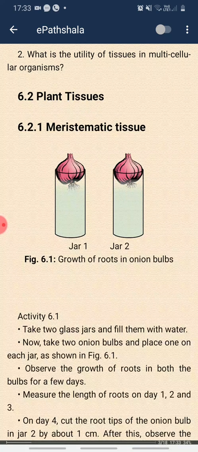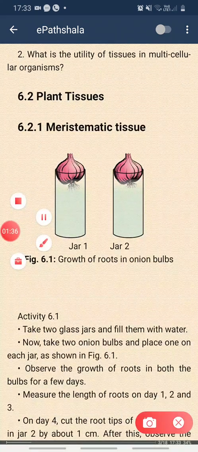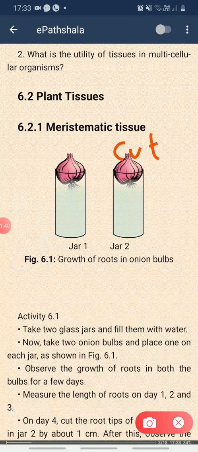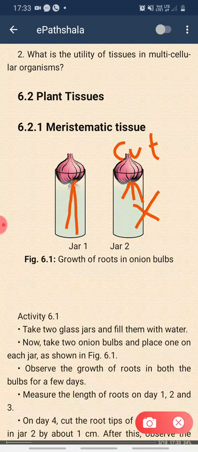Suppose in jar 2 you have cut the root tip. Here you will see the growth is not taking place, this will not grow further, whereas the other will keep on growing.